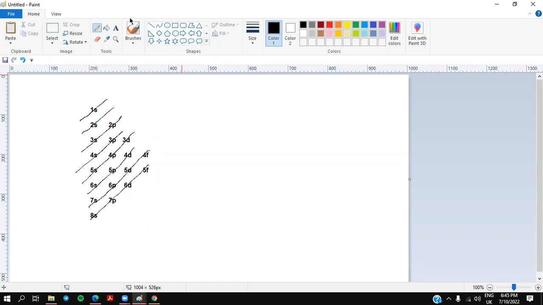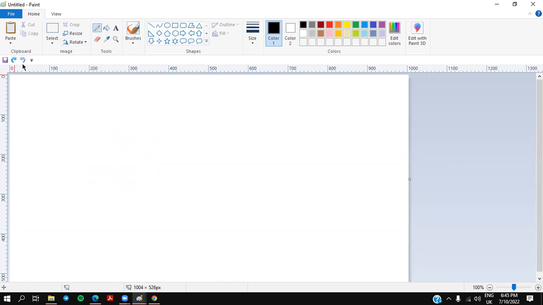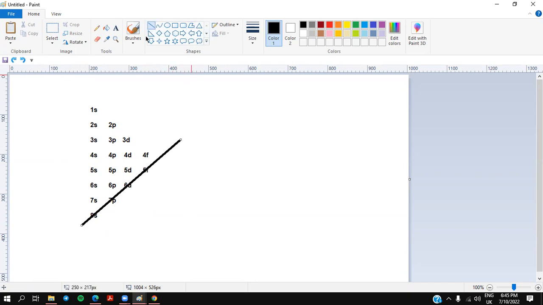Definitely, I know that there are some children who are looking at this in a very weird manner. Oh, this is difficult. Okay, after you construct this chart, what you must do is go to the bottom of it and draw a line connecting all these finally appearing orbitals in this manner.